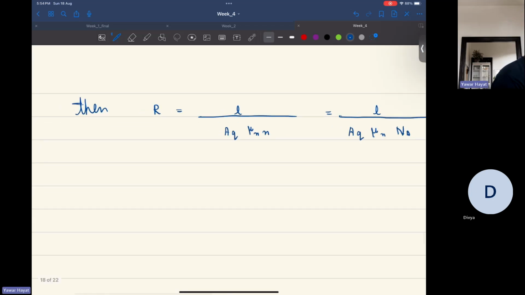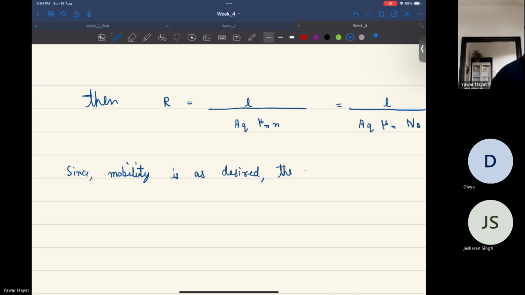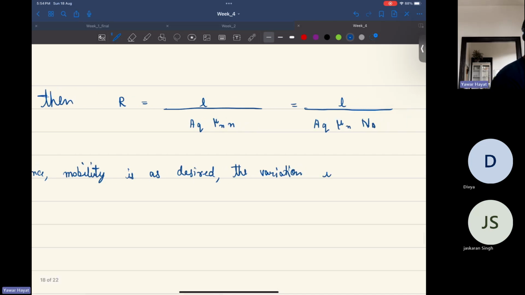Now, since our mobility is as desired, the variation is due to doping density.